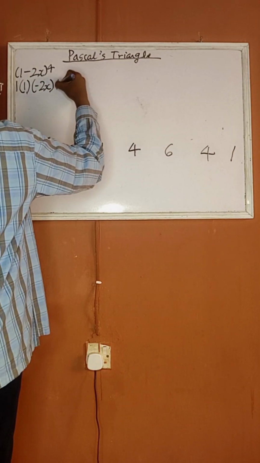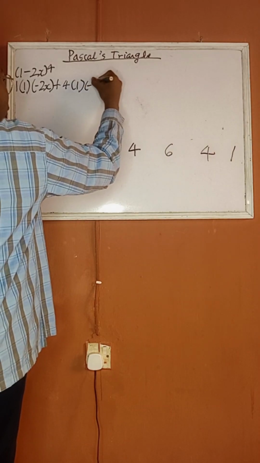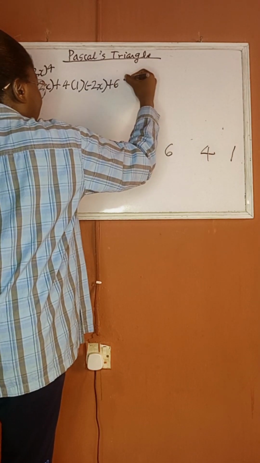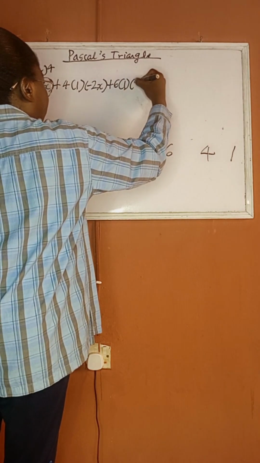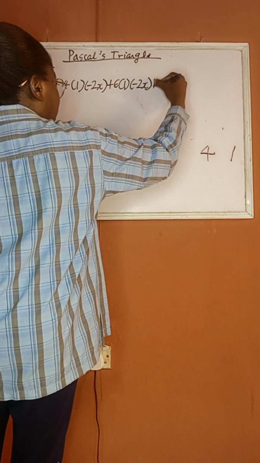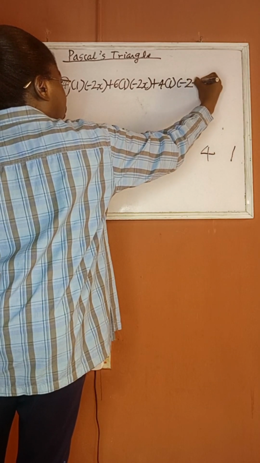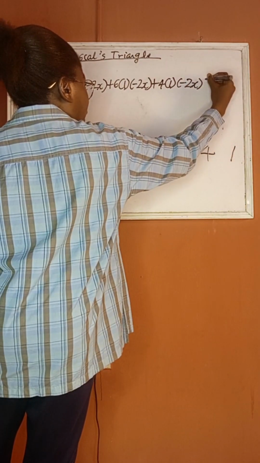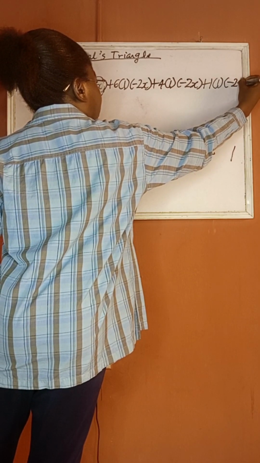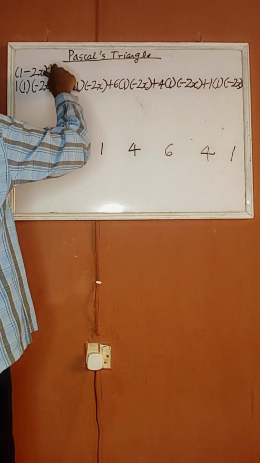Then plus 4, 1, and minus 2x, plus 6 times 1 and minus 2x, and then plus 4 again, times 1 times minus 2x, and then finally plus 1 times 1 times minus 2x. You close that bracket. So I'm about to show you something about the power.